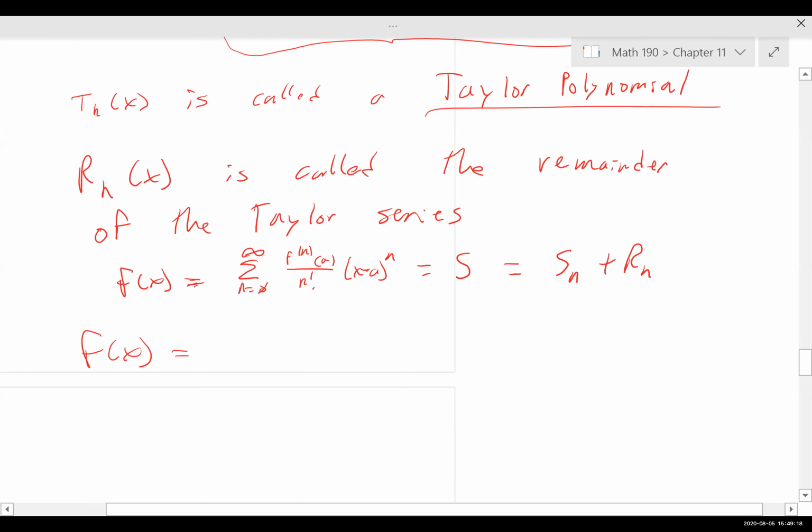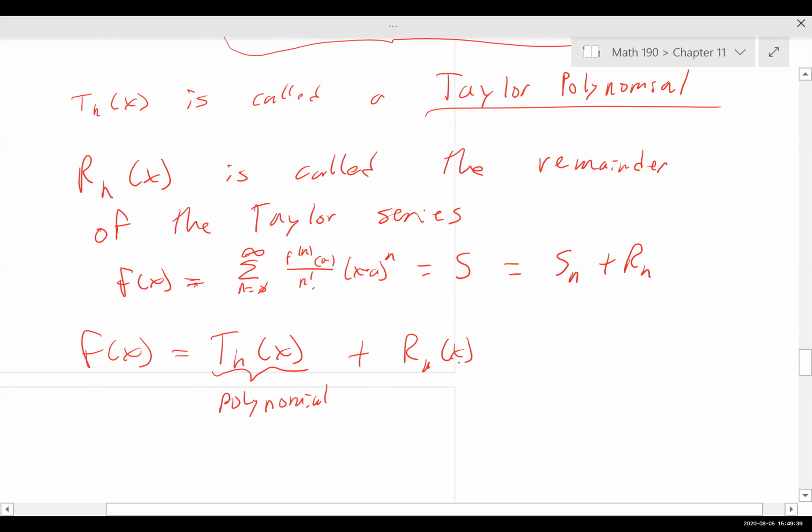So f of x is equal to what we're calling S sub n, or T sub n of x. That's the Taylor polynomial, plus the remainder, which is a function of x.